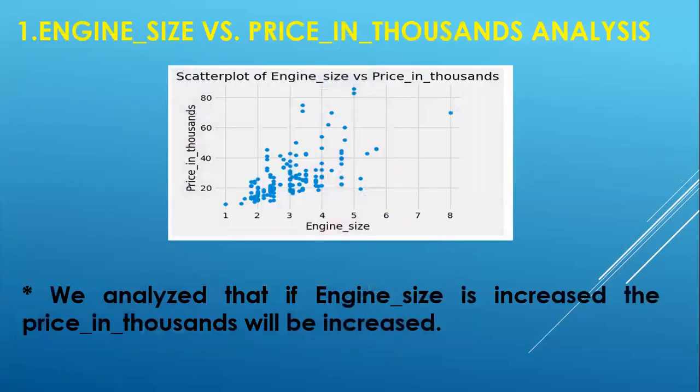Let me see. First one is engine size versus price in thousands analysis. We'll analyze engine size and price in thousands. Here on the x-axis I took engine size, and on the y-axis price in thousands.